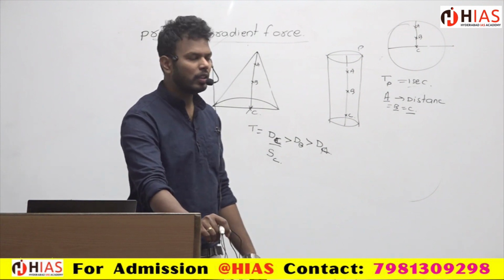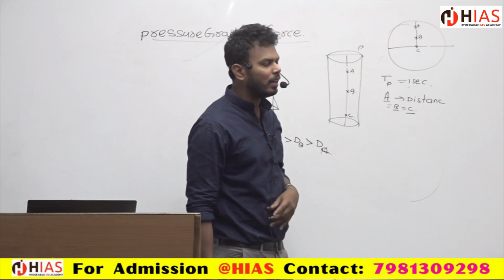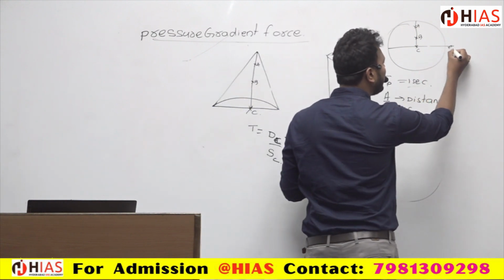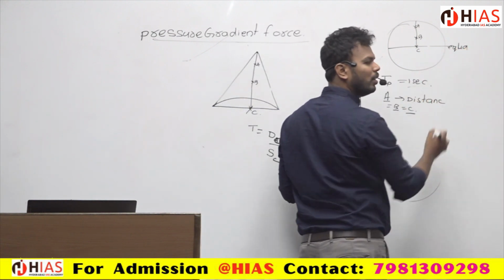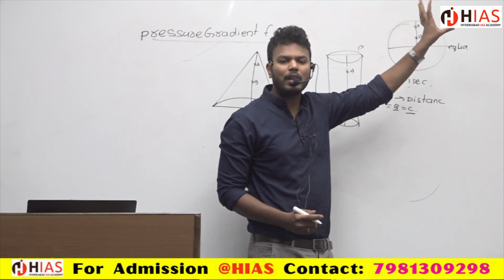C will travel more and A will travel less. So based on the distance travelled, can I conclude that the speed at the equator is highest? And from the equator to the poles, the speed will decrease.